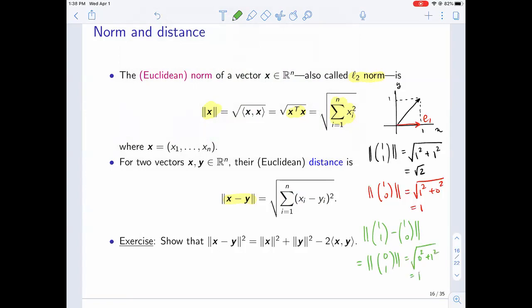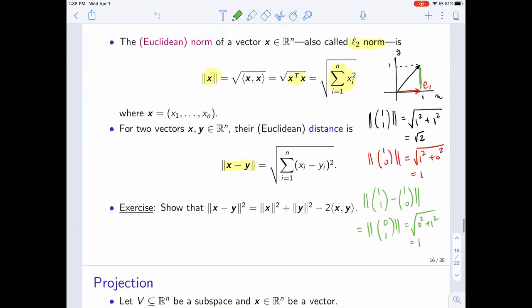And intuitively, you can see the distance is this, and this is 1, right? So that matches your intuition of distance. The distance between these two vectors is 1, and you can also verify other vectors as well.